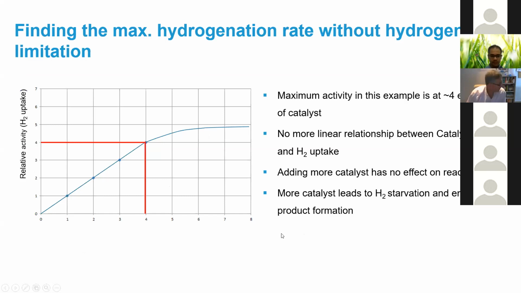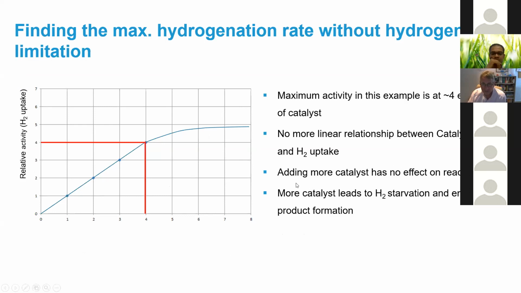Okay, I guess I'm running out of time. So a few more slides. Finding the maximum hydrogenation rate without hydrogen limitation. What we're looking at here is that the more catalyst you add doesn't mean that you're going to get a faster reaction rate.